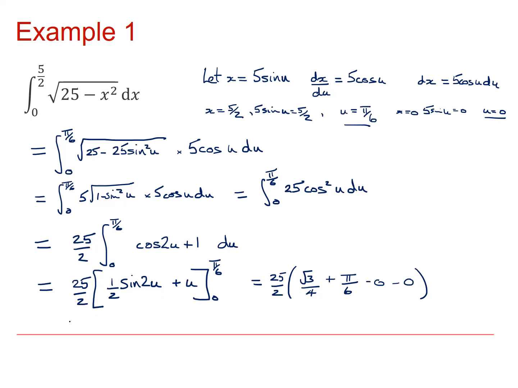So my final result looks to be 25 over 2 times root 3 over 4 plus pi by 6, which I could write as 25 over 4 times root 3 over 2 plus pi by 3.